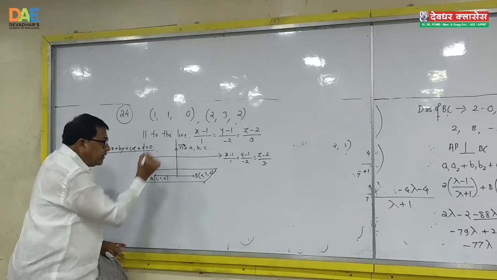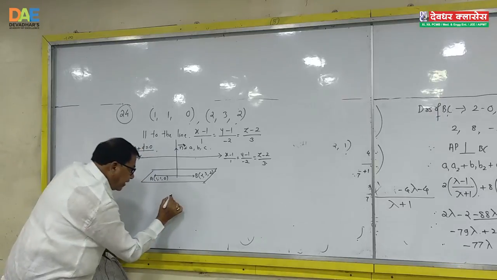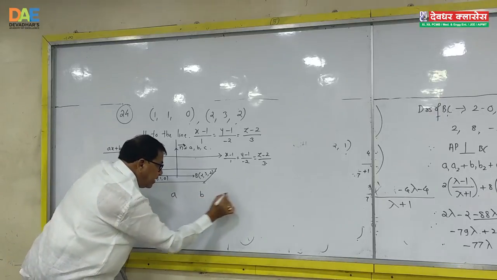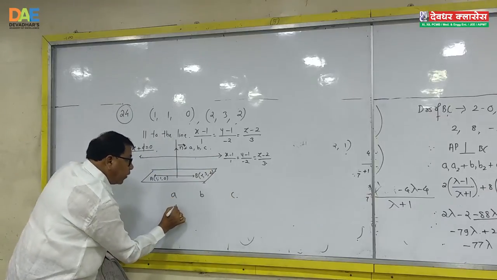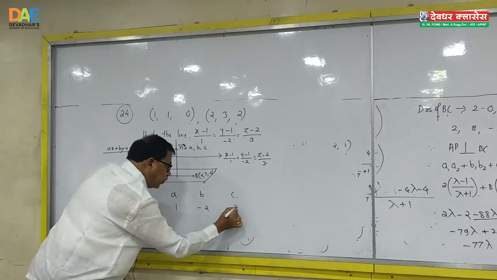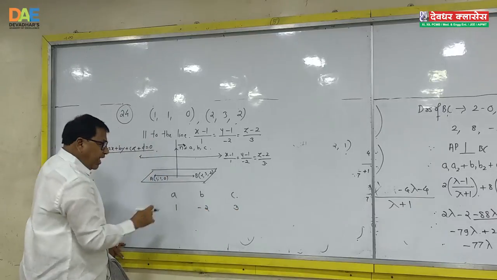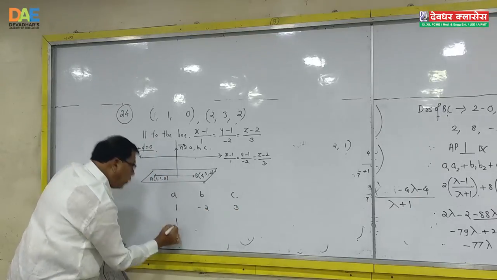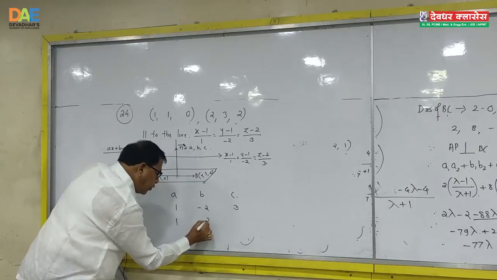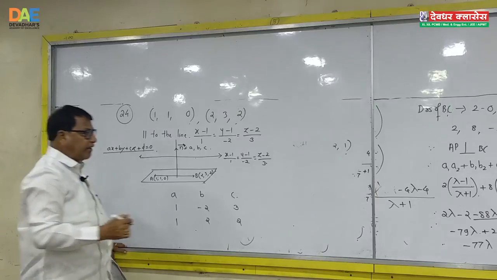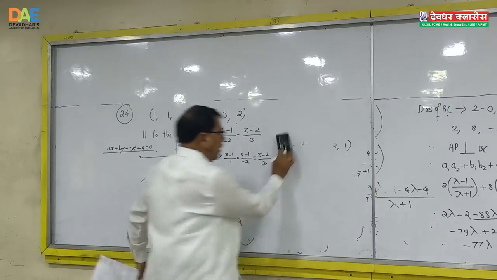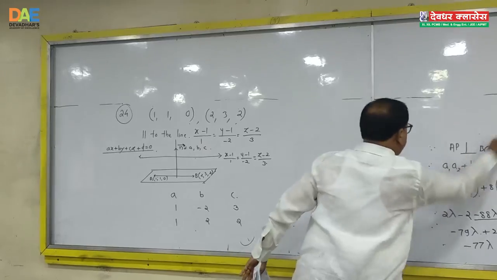What I told you in the last lecture: a, b, c are the required DRs. Then the DRs of this line are 1, -2, 3. Then the DRs of AB are 2 minus 1, 3 minus 1, 2 minus 0, that is 1, 2, 2. You first write like this, then we shall find the values of a, b, c like this.